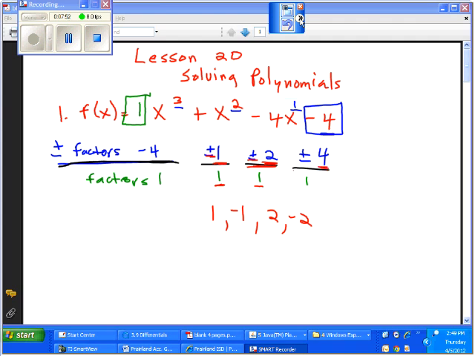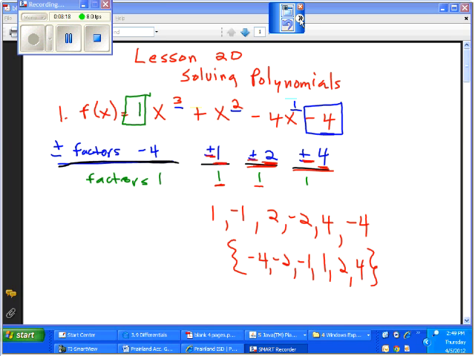And then positive 4 over 1, which is 4. And then negative 4 over 1, which is negative 4. If we were to line those up from least to greatest, our set of all possible rational zeros are negative 4, negative 2, negative 1, 1, 2, and 4.